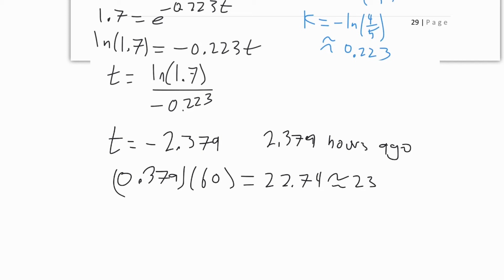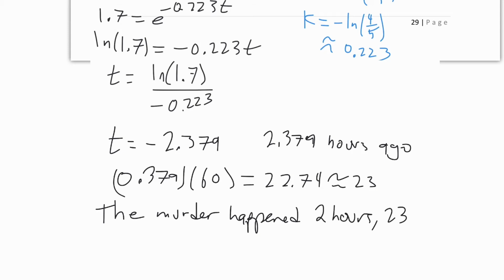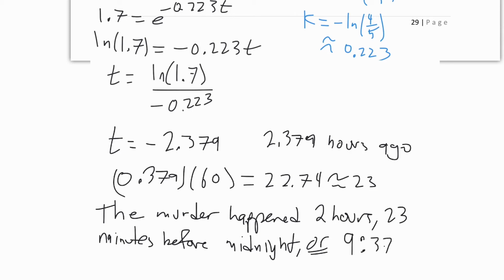So what it means is the murder happened 2 hours and 23 minutes before midnight, which, if we convert that into a time, would be 9:37 p.m.